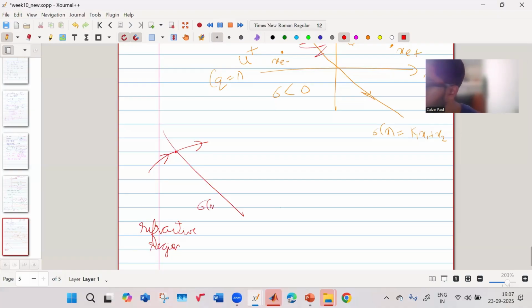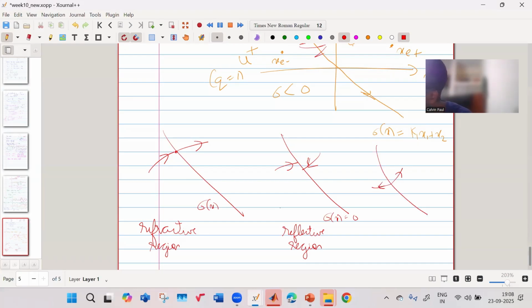And this is your sigma of x. Another case is both sides it is coming in. And this is your sigma x equal to 0. So this is known as your reflective region. And another case is both are going out. That is known as your rejective region.